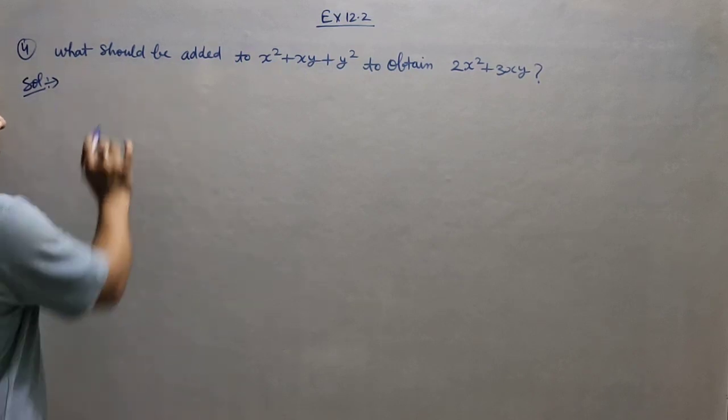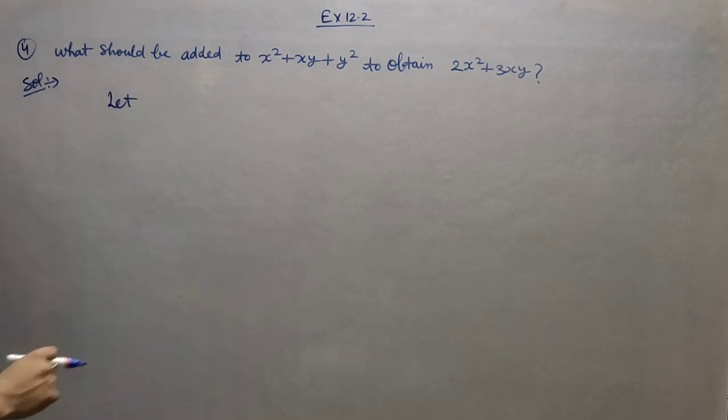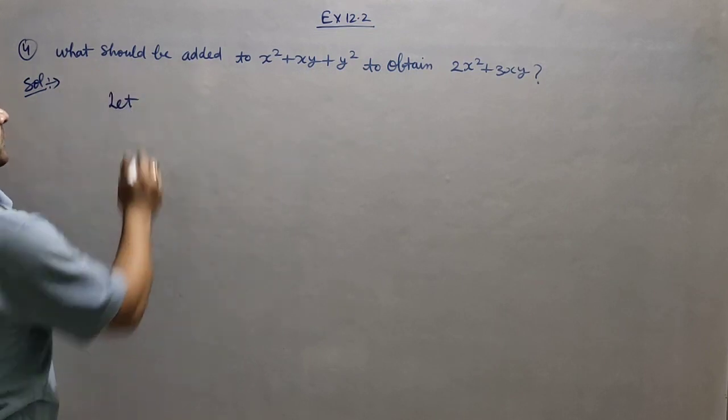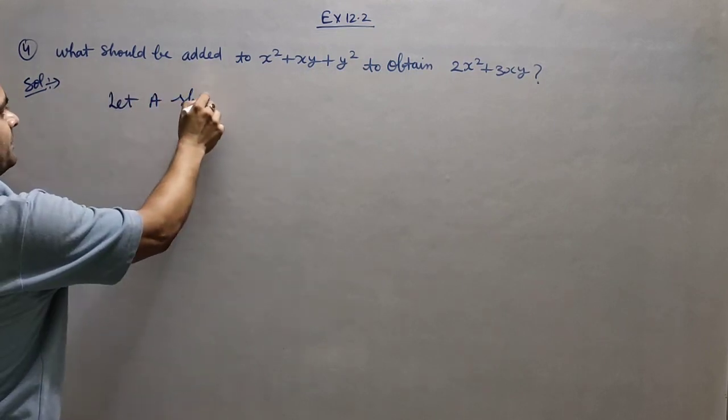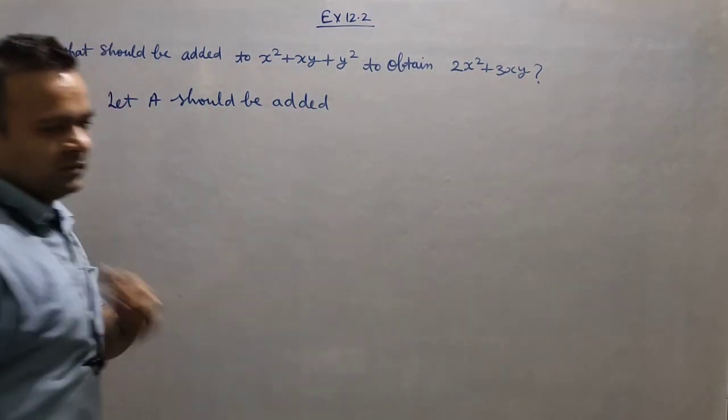Whenever it says what should be added, it means take any type of variable which is not included in this. You can take a, let a should be added, right?